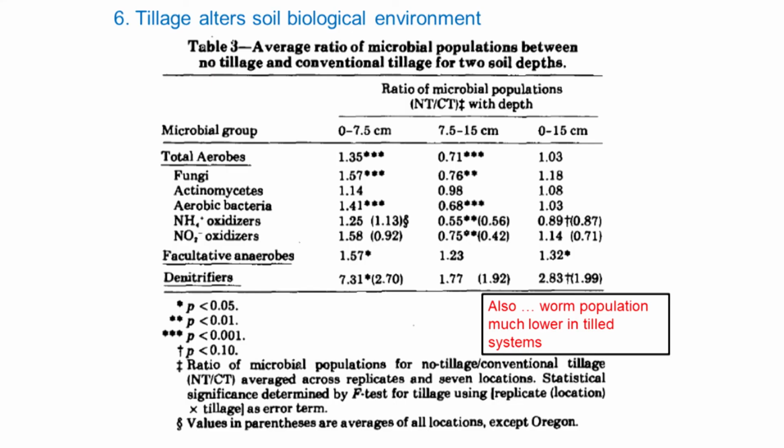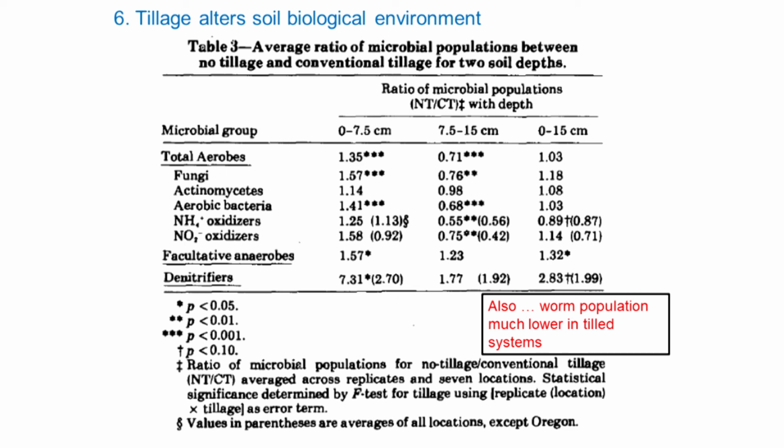The next impact that tillage has on cropping systems is its impact on the soil biological environment. So we already talked about how tillage influences earthworm populations. The more tillage is reduced, the higher earthworm populations are. But it also affects the types of microbes that are in a soil, and it does so because it impacts aeration.